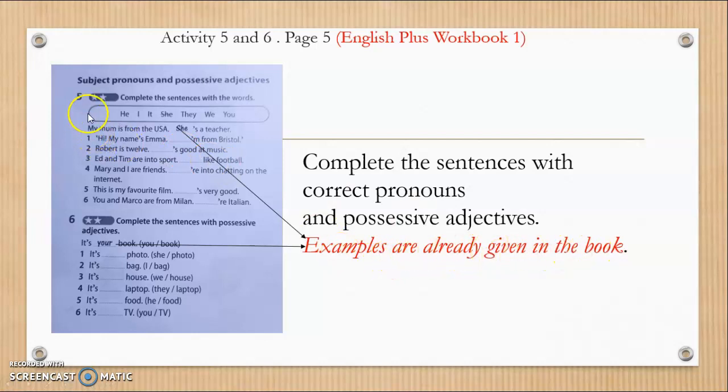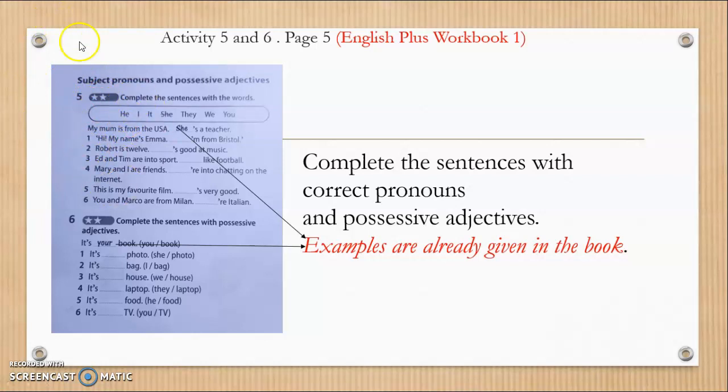For example, activity 5. My mom is from the USA. Mom is a girl, a woman, so we use the pronoun she. For boys or males, we use the pronoun he.